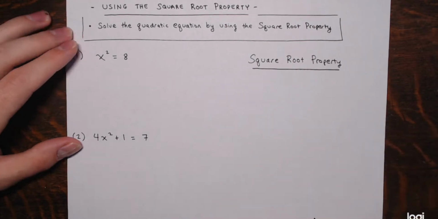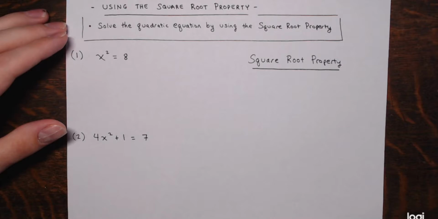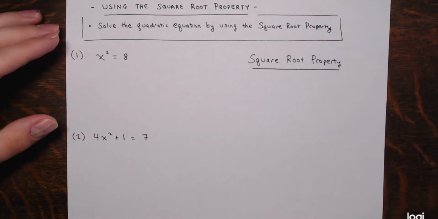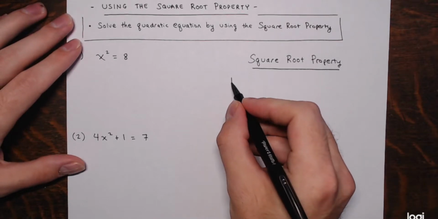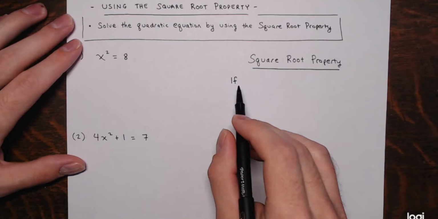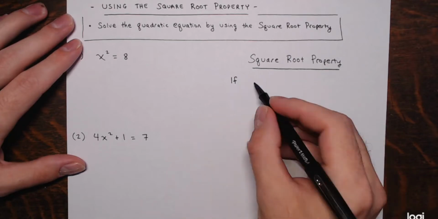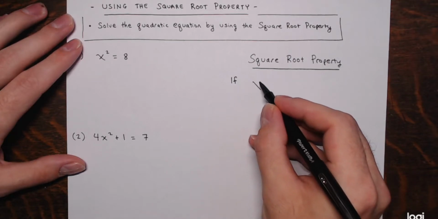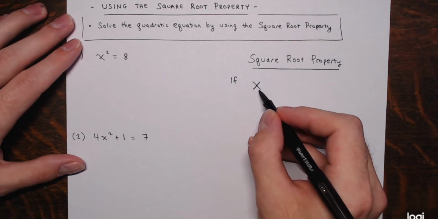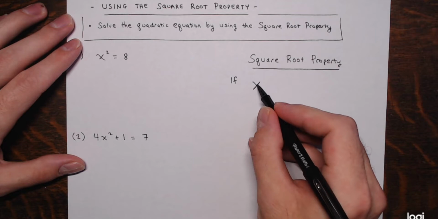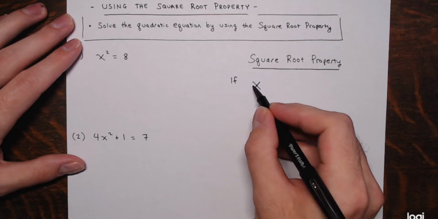Alright, so this square root property, it really only applies to equations where you can get the equation in the following form. So if you have some expression, and I'll use just a big X here. Please understand that this doesn't have to be the variable X. It can be any variable expression.